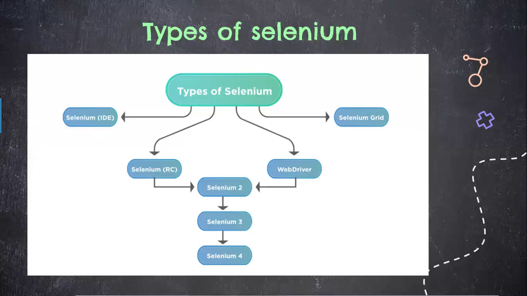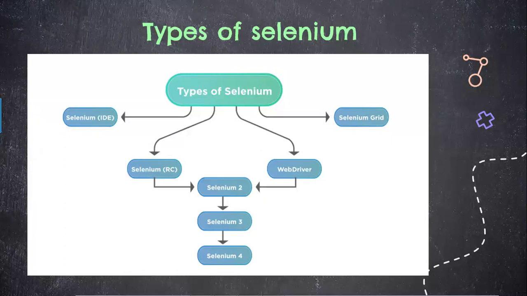Initially when they started with Selenium, they introduced Selenium IDE. After that they came up with Selenium RC. RC means remote control. We can use it with different client libraries like Java, Python, Ruby, C sharp, which we discussed. And WebDriver, which mainly every organization uses. So the types of Selenium: Selenium Grid, we can play with the server.